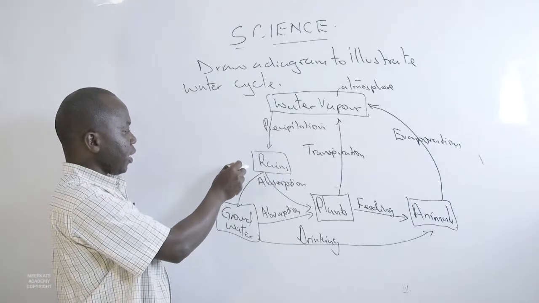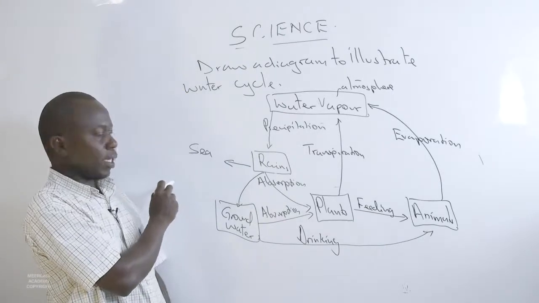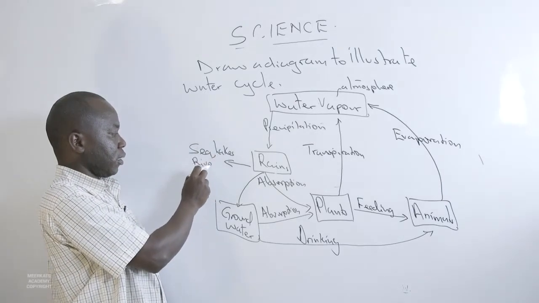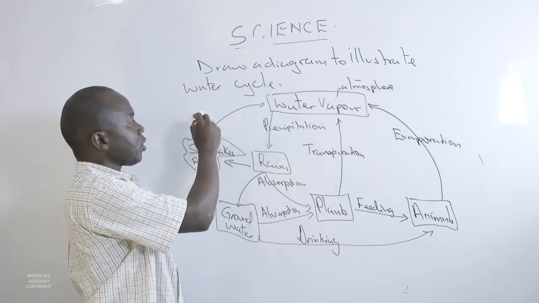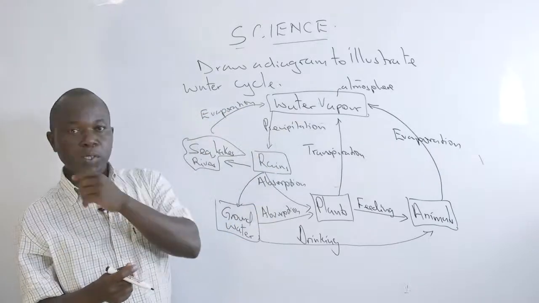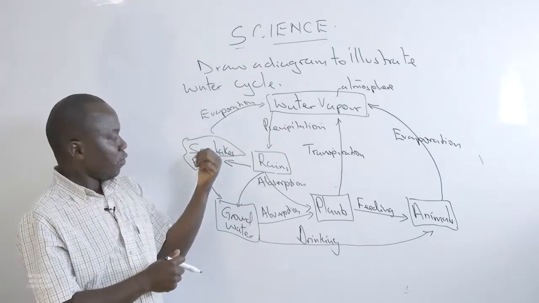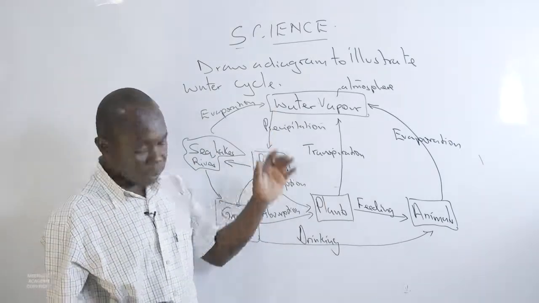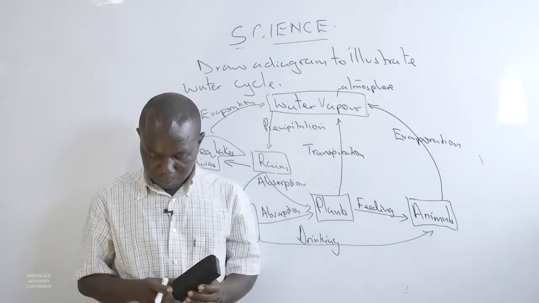Now, some of these rains also will form open water bodies like lakes, seas and rivers. In these water bodies, there may be evaporation to form water vapor. Some of it might again percolate from these water bodies to form groundwater. So this is the simple form of a water cycle.